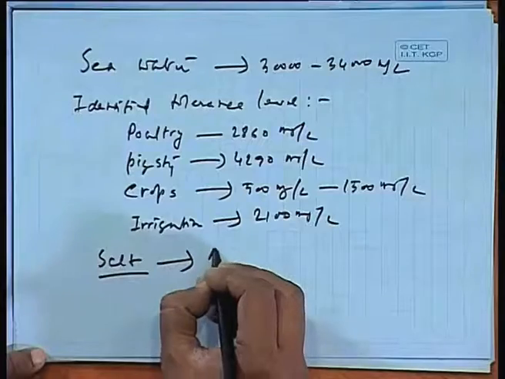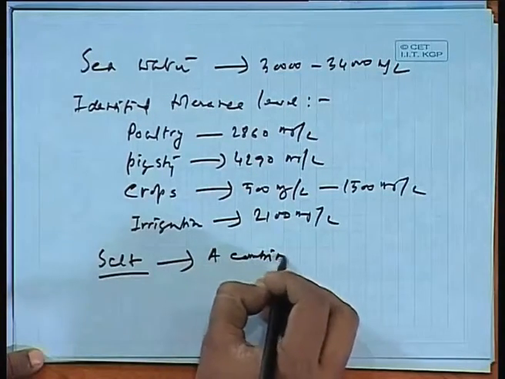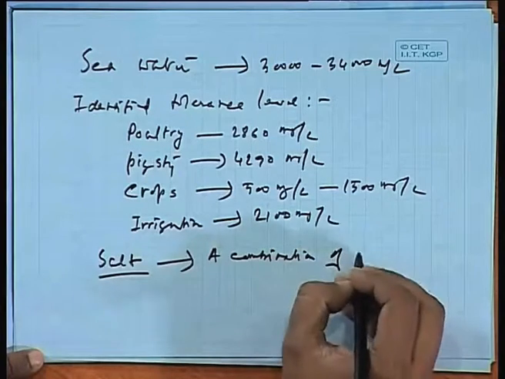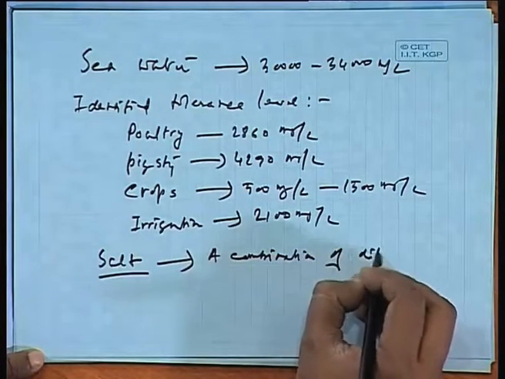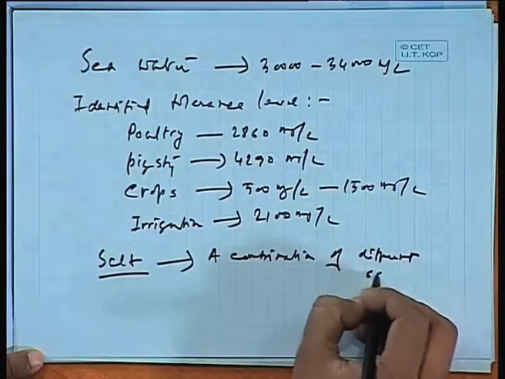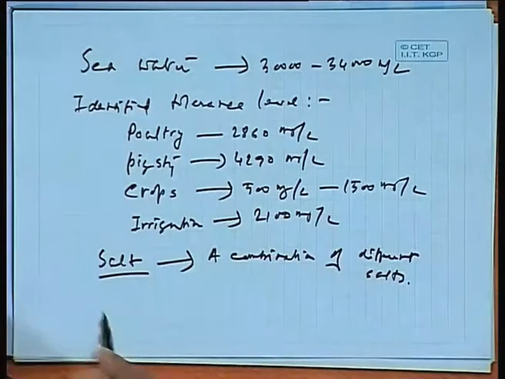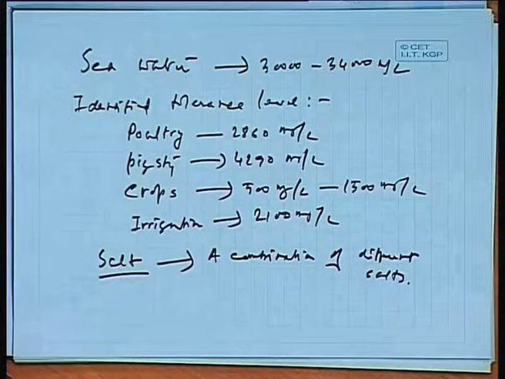Remember, when we say salt here, it is not necessarily a single typical type of salt, not necessarily NaCl, sodium chloride, or common salts like that. It is basically a combination of different salts which are of importance.